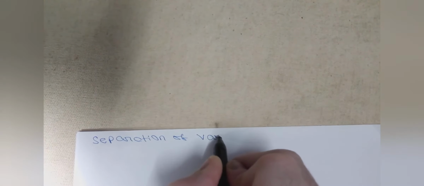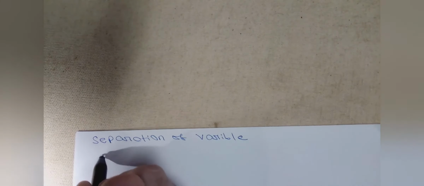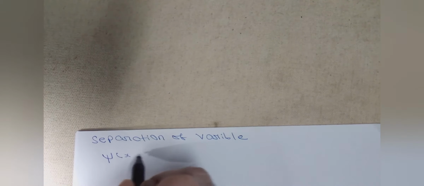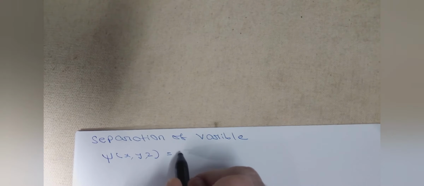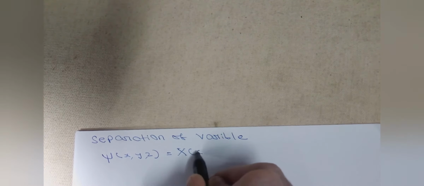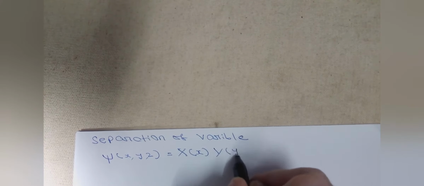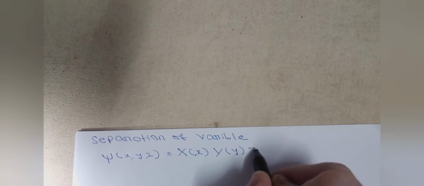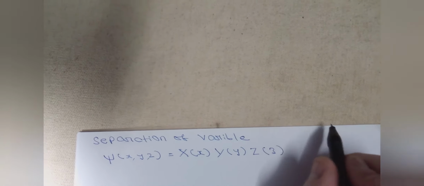By using this technique, we consider that xi of x, y, z is a combination of three functions: X, which is a function of x, capital Y, which is a function of the y coordinate, and Z, which is a function of the z coordinate.